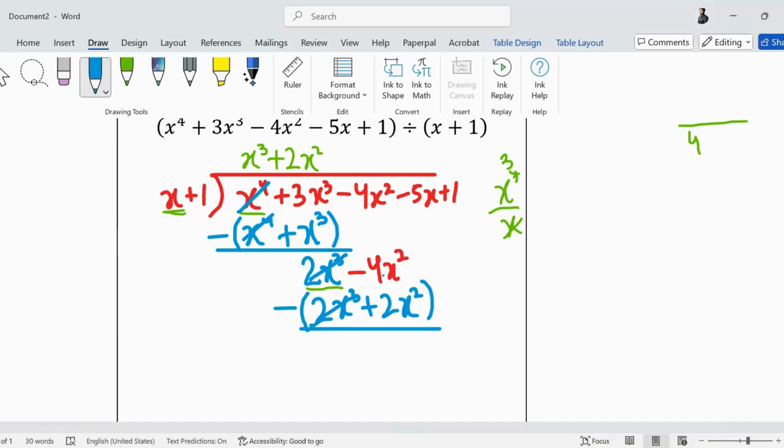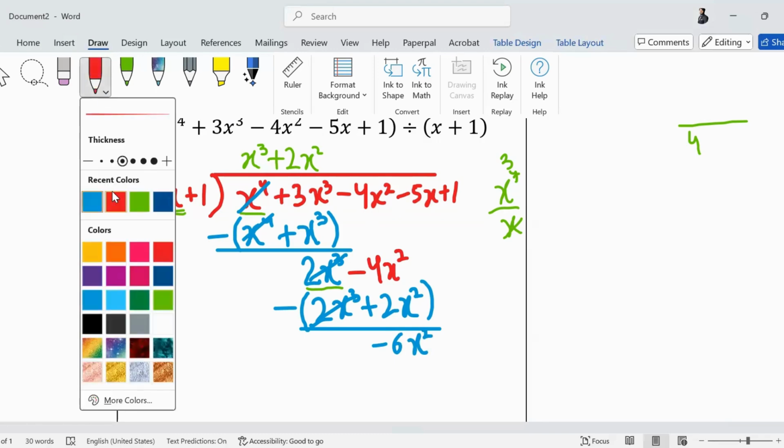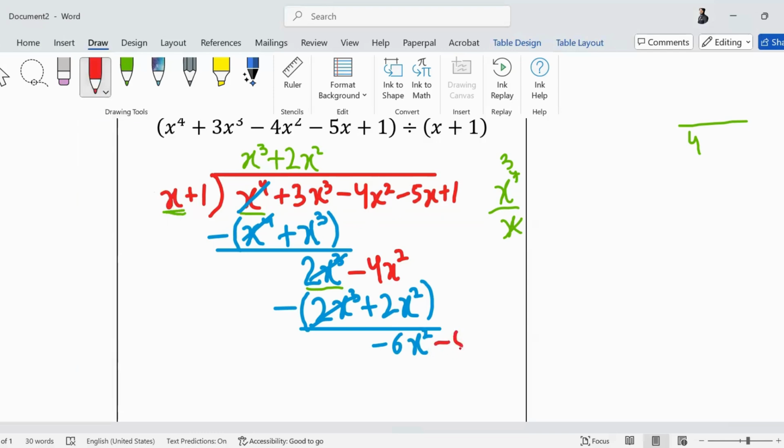Now remember, this is minus 4x squared, and this will become minus 2x squared. So minus 4x squared minus 2x squared will become minus 6x squared. And the next term will be carried on. I'll clarify. Don't worry.